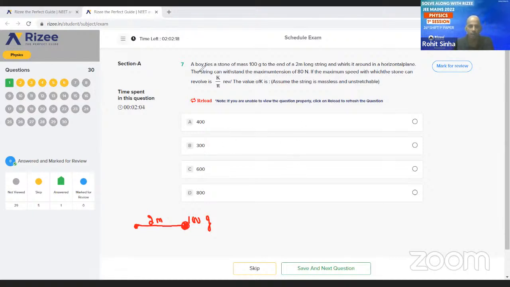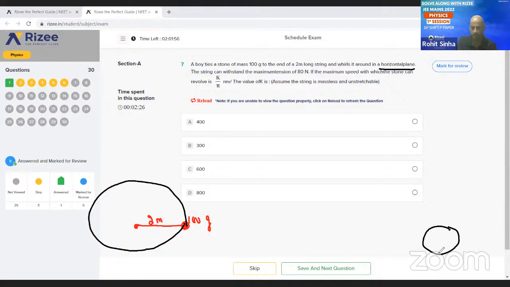What is the meaning of whirl? It means that it is doing a circular motion like this. See here. And remember, it is in a horizontal plane. You remember horizontal plane and vertical plane? You must have read in your circular motion chapter that when the circle is completed under the effect of gravity, then it is a vertical plane circle.